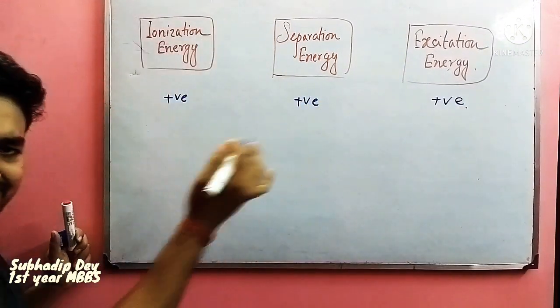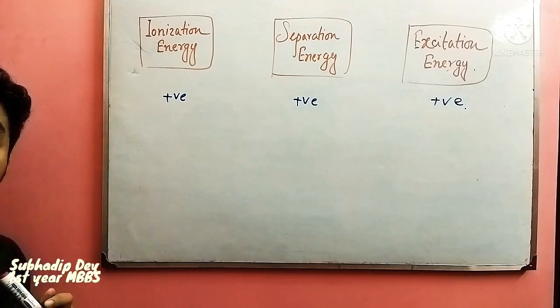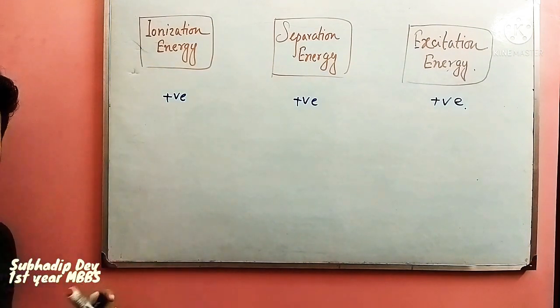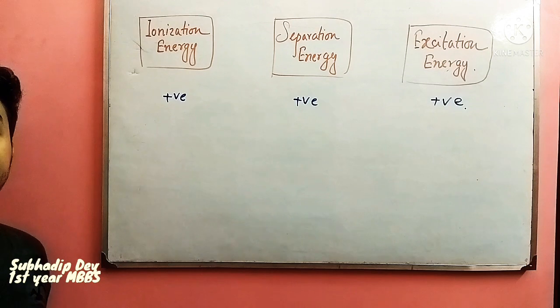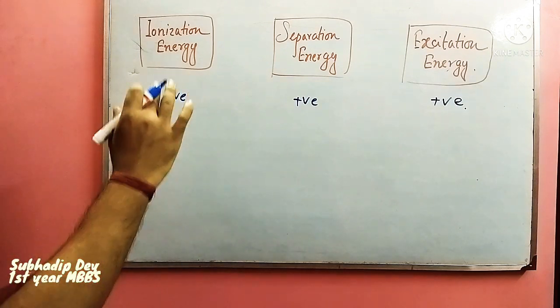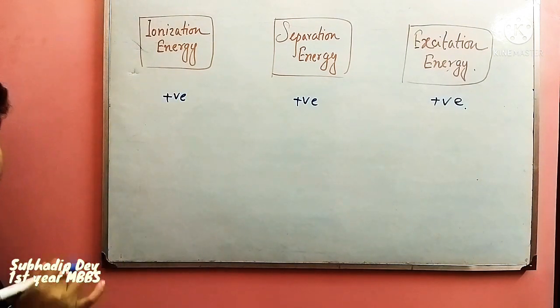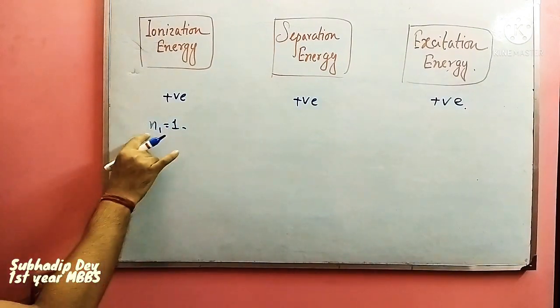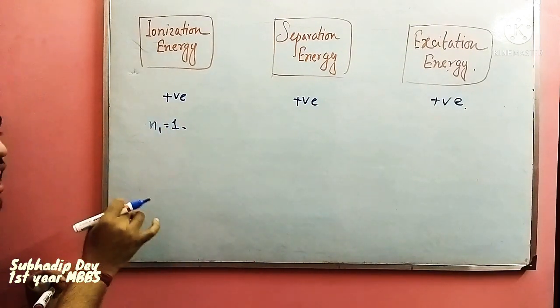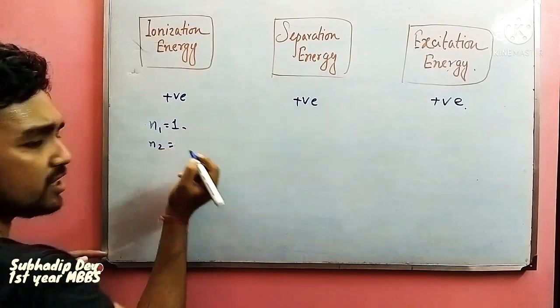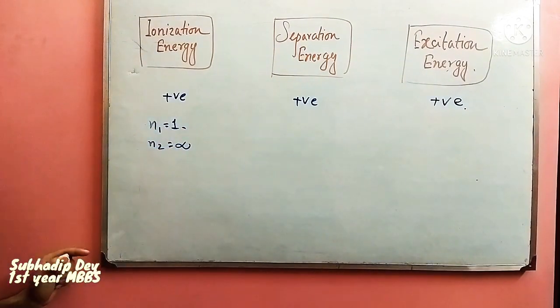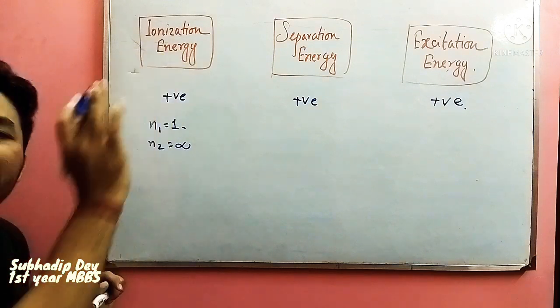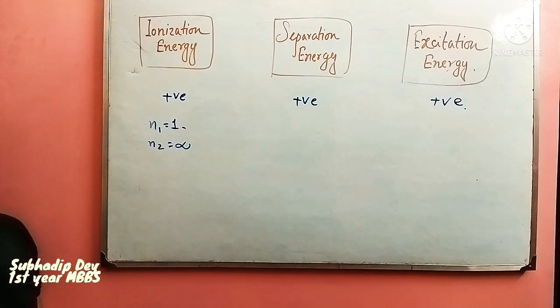Now where is the difference? Ionization energy is the minimum amount of energy required to liberate or remove an electron from its ground state, that is N1 equals 1, and N2 must be infinity because the electron is totally removed from its ground state.